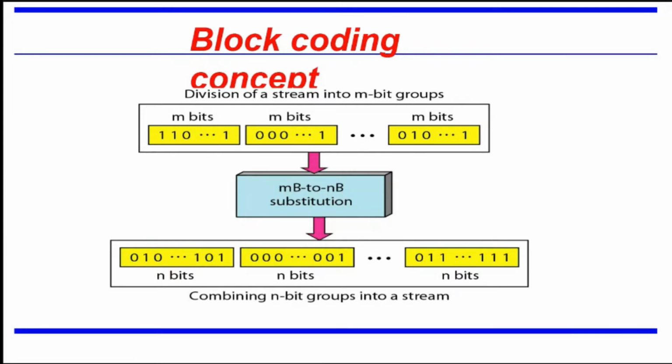So what is the next step? The M bits are combined or substituted with the NB, which is some other bits, right? So instead of the original message, the group of M bit streams is converted into the N-bit stream. That is combining the N-bit groups into the stream.